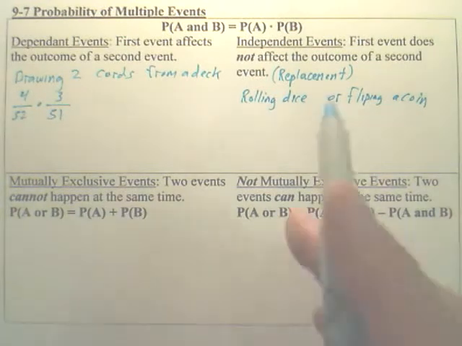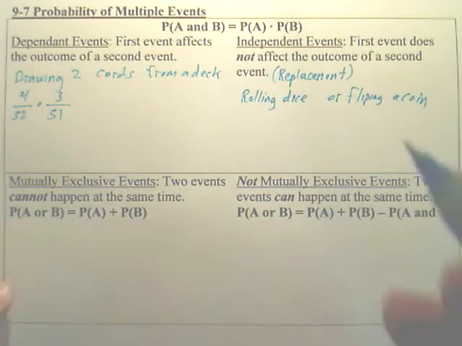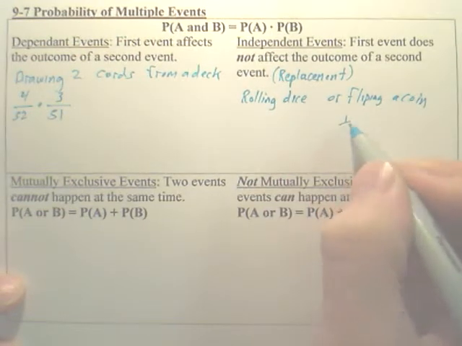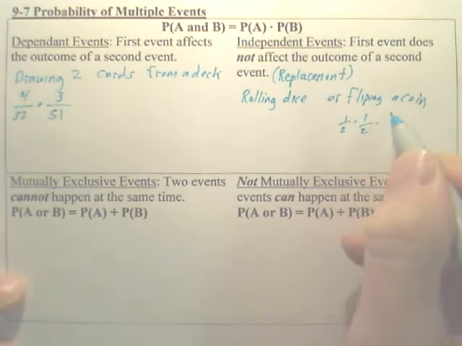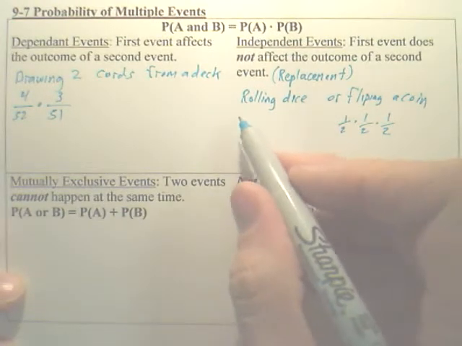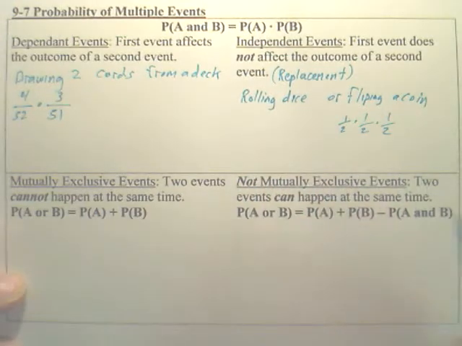What happens here is it doesn't affect. For instance, if I flip a coin, wouldn't it be 1/2 each time? Do they not affect each other? If you roll a dice, doesn't each time not affect it? You just keep multiplying them together.